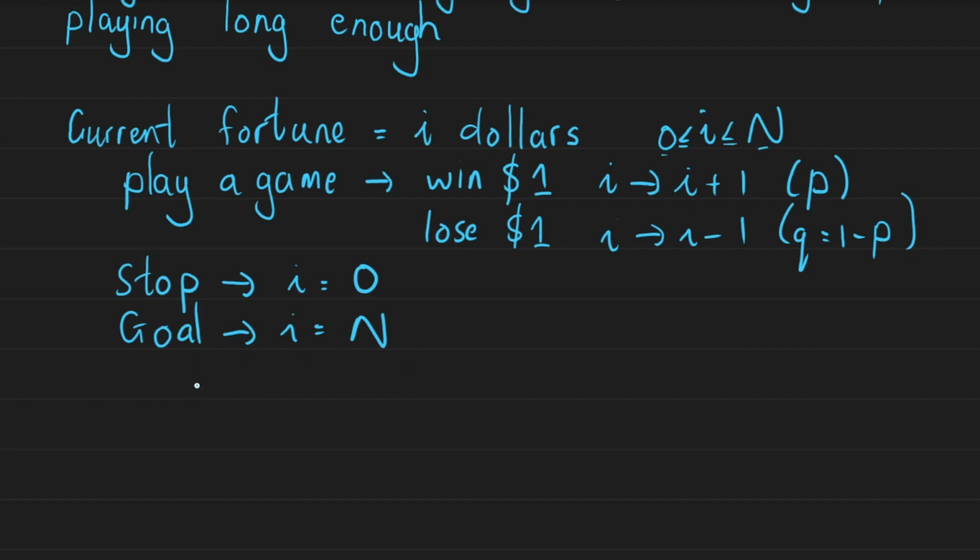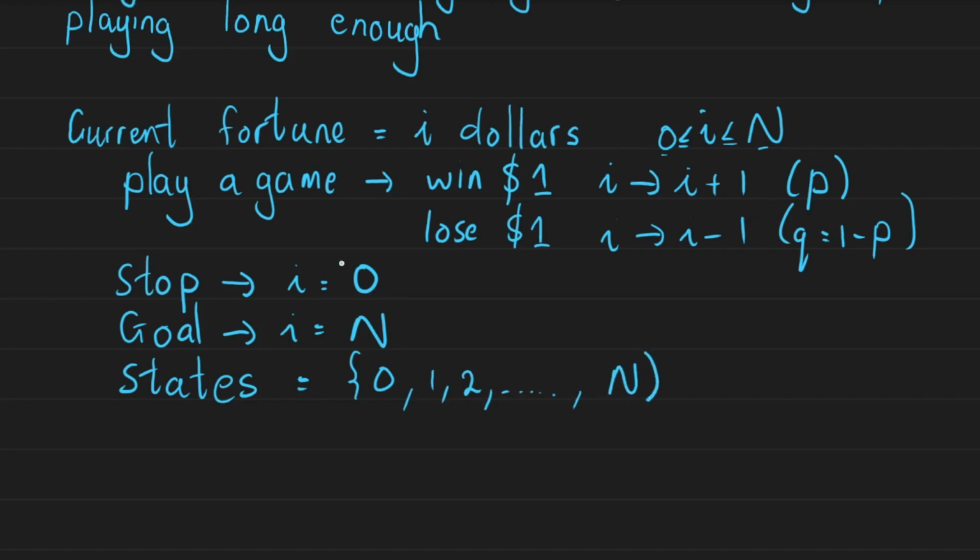So when we talk about the states, we're talking about the amount of money that the gambler has. So the states would basically be the set of numbers 0, 1, 2, and all the way up until N.